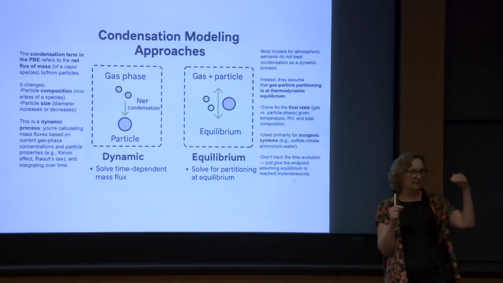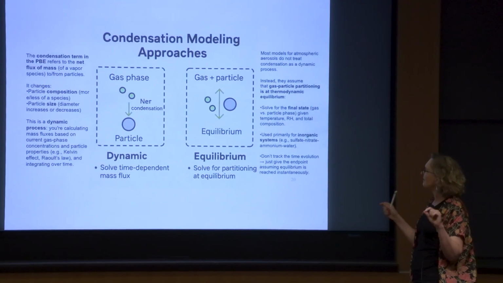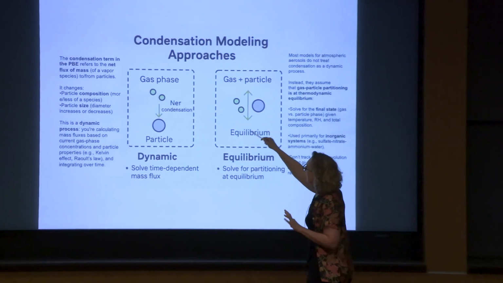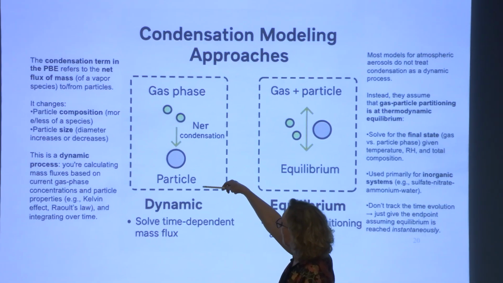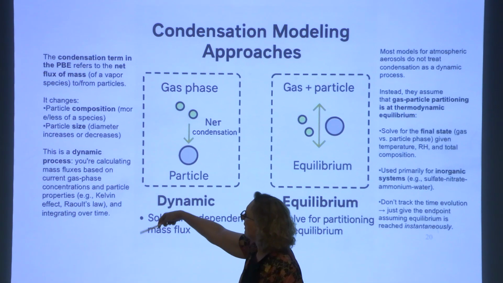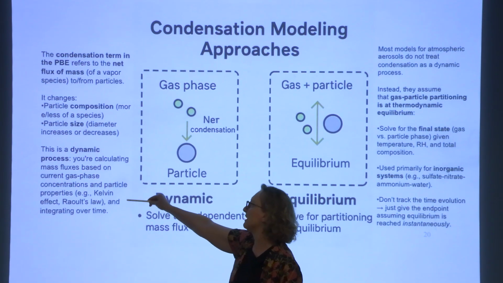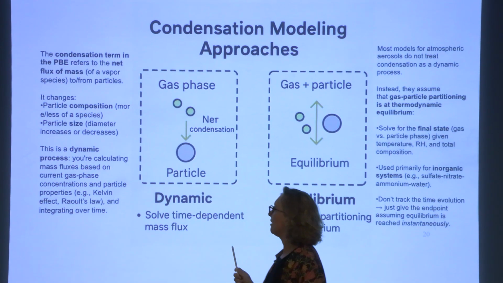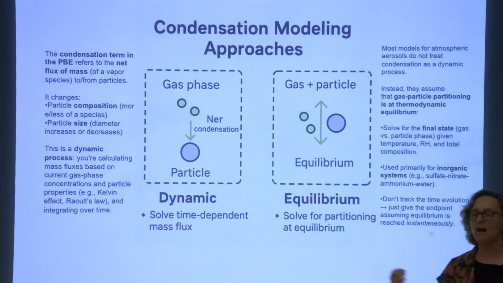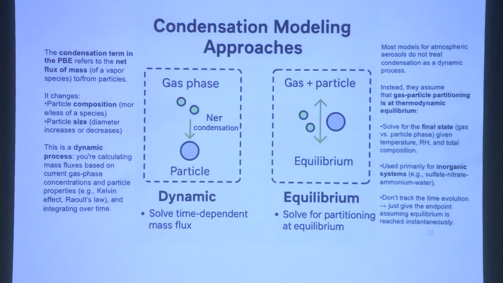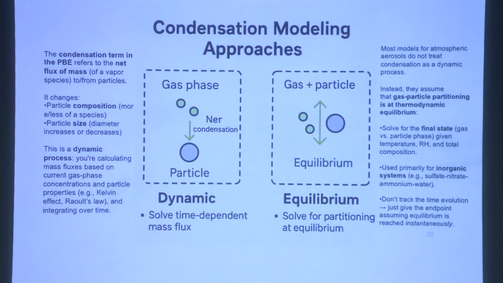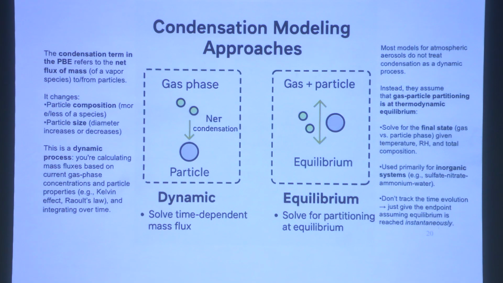Underneath the coagulation term was the condensation term. So we've done this now. It changes the particle composition, the particle size, and you're calculating these mass fluxes. You have to take care of potentially a Kelvin effect and so on, and you're integrating this over time. So that's pretty straightforward.